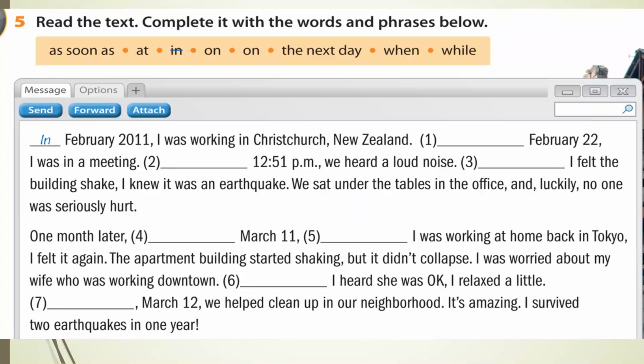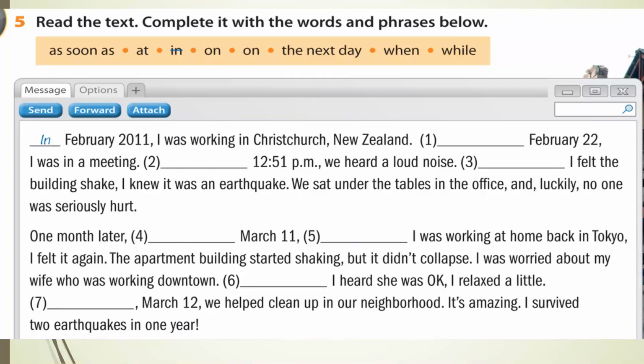We have to fit these words to complete the text. Remember, some of them are easy to do because they have fixed rules. The others are sequences of time that will help us have a better understanding of the text.